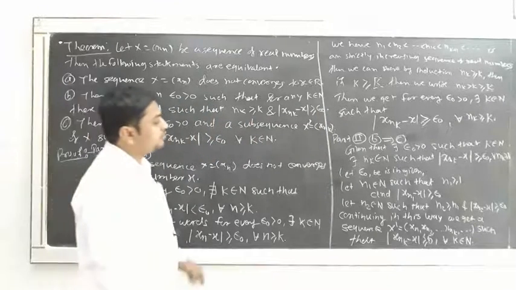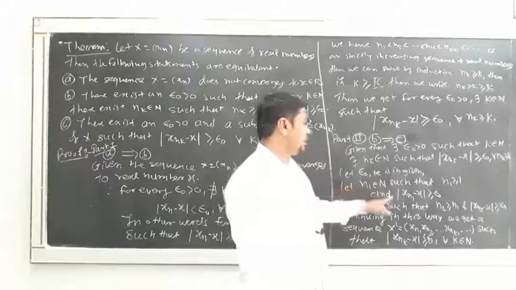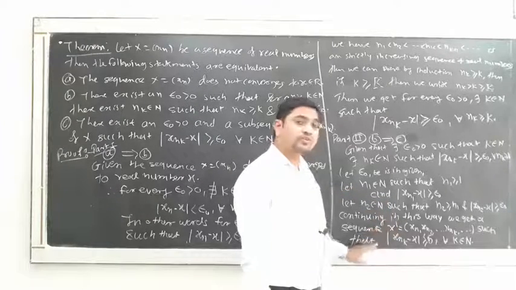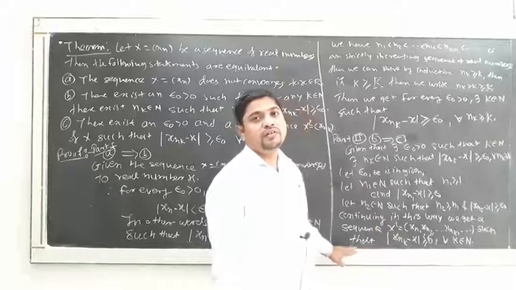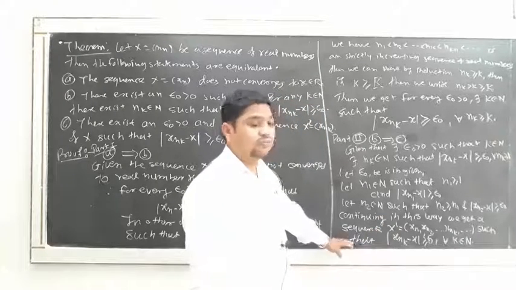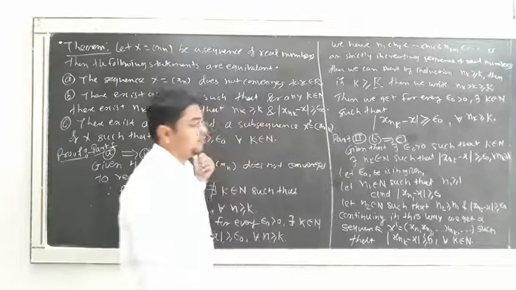So what we did: we take n1 such that this holds, n2 such that this holds, and continuing in this way we get our subsequence xnk which satisfies the given inequality.